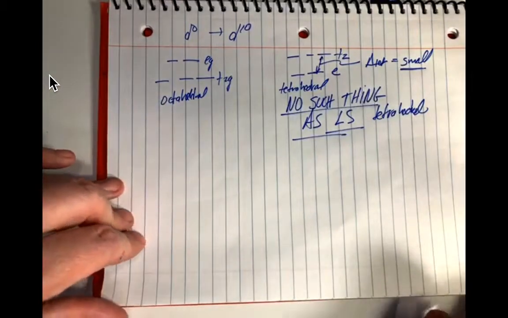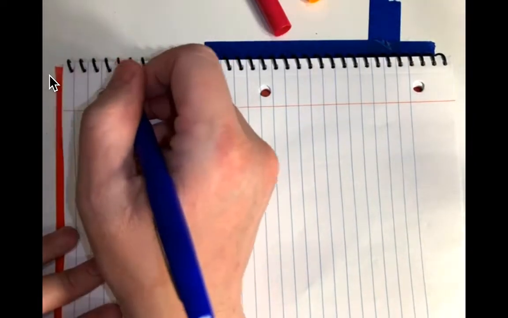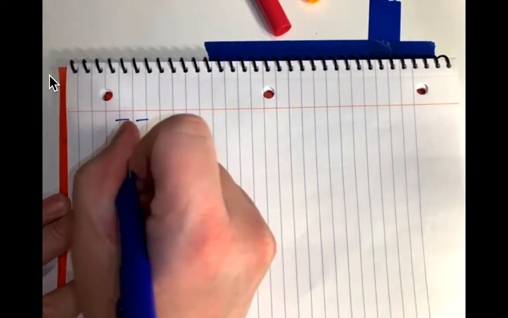All right, so what I want you to do is just go through the levels and see what they would look like with different numbers of d electrons.